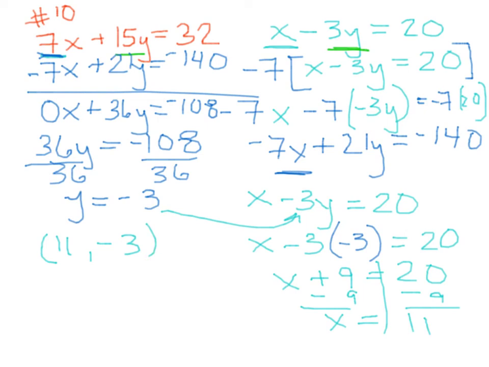And if I check that in the red equation, let's plug that point in. I have 7x plus 15y is equal to 32.